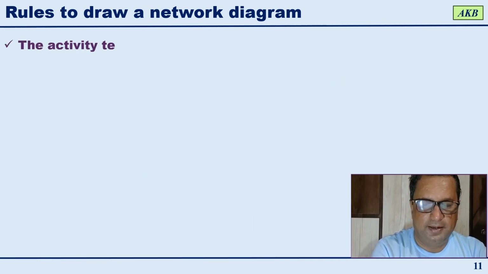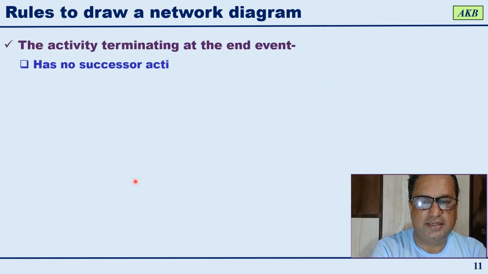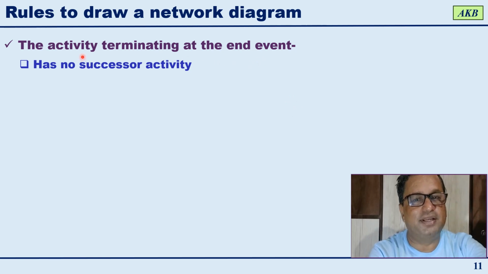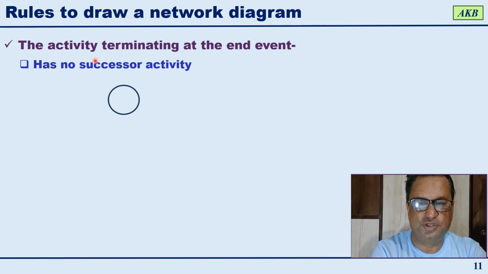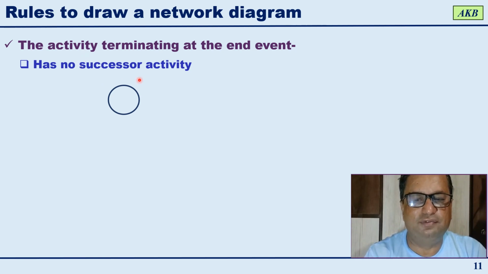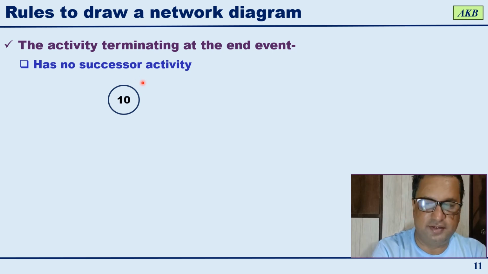Then next is the activity terminating at the end event. Again, it is straightforward. We are talking about that activity which is terminating at the end event. So naturally, that activity will have no successor activity.